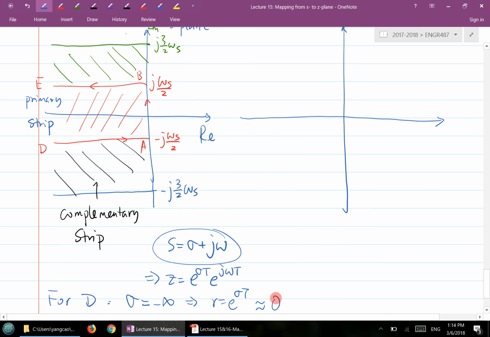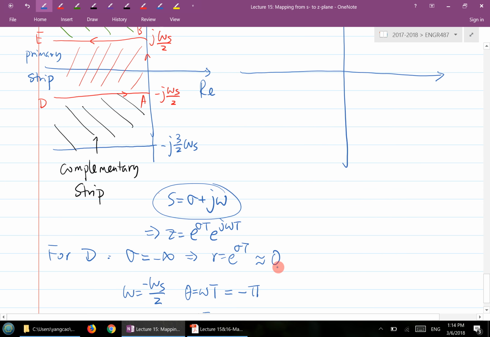So R is approximately 0. It's got to be somewhere very close to the origin. If really this is infinite, then that's 0. But you want to differentiate this a little bit here, so let's consider not a 0. Let's say R is 1 or something.